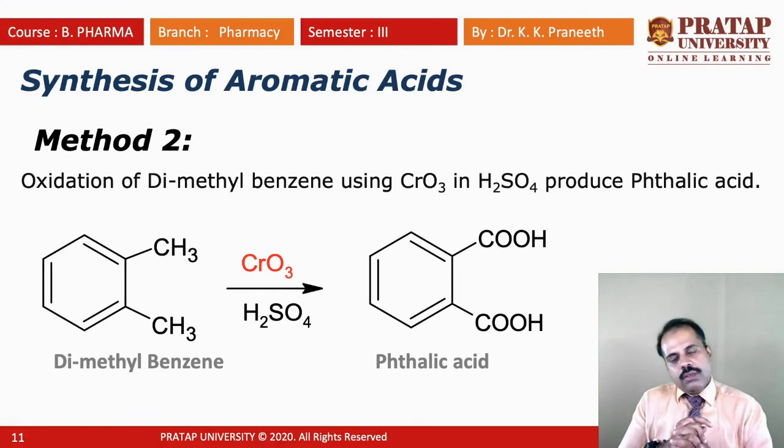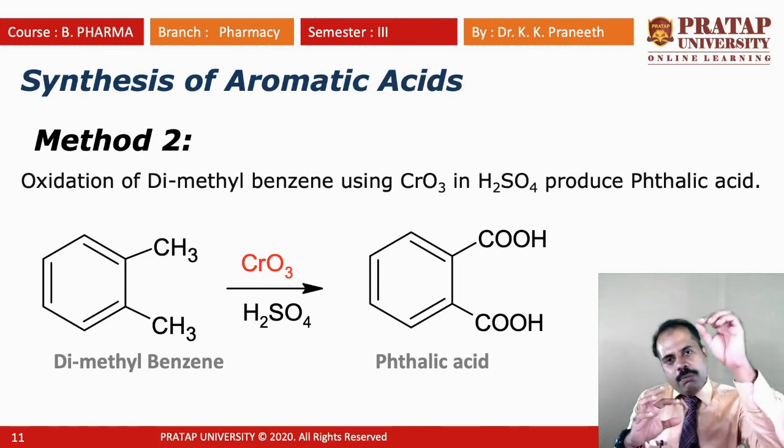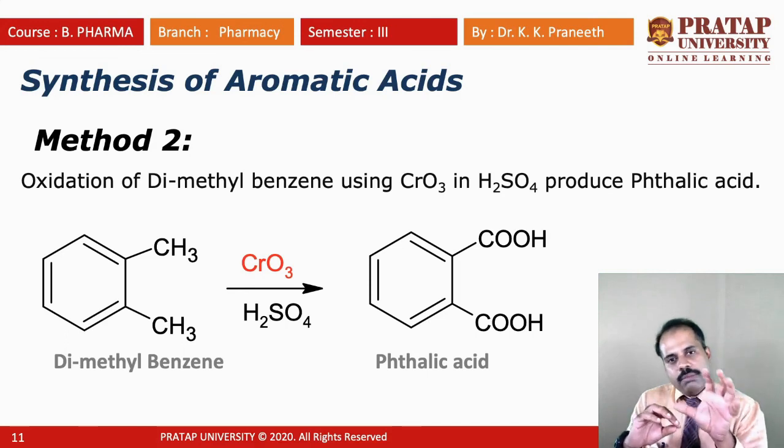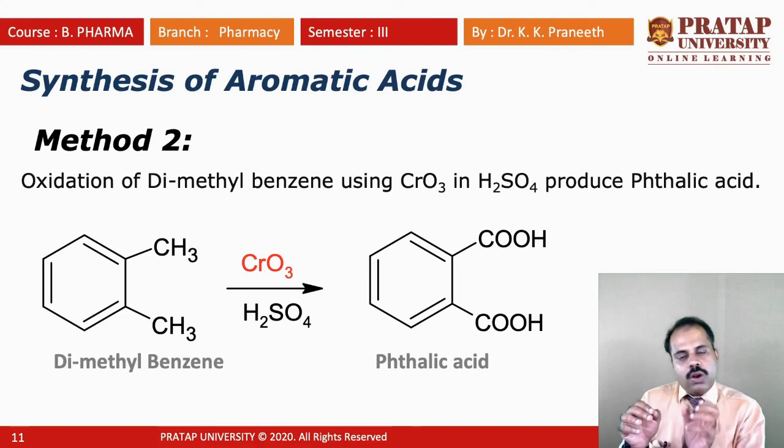So far we have seen what an aromatic acid is, their structure, and some examples. We saw how to number the substitution and how to name the aromatic carboxylic acid. We have also seen what happens if you attach an electron withdrawing group or electron releasing group.